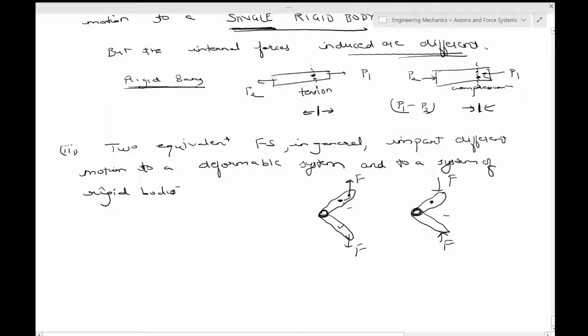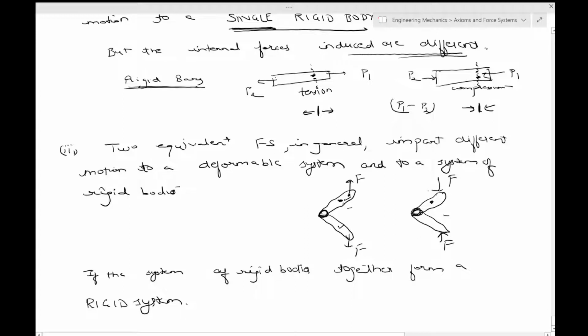Now another derivative of this particular statement is that if the system of rigid bodies together form a rigid system.